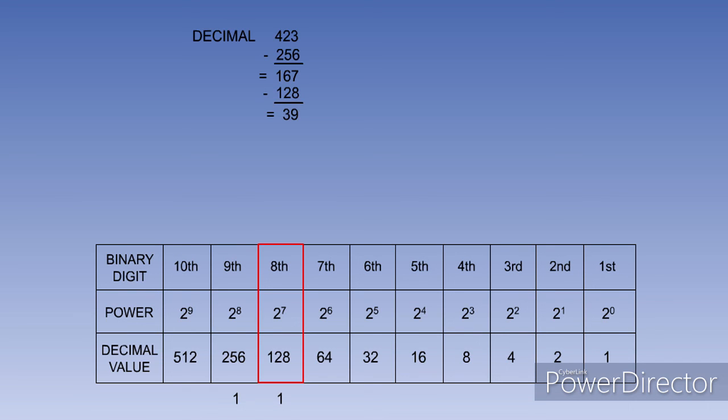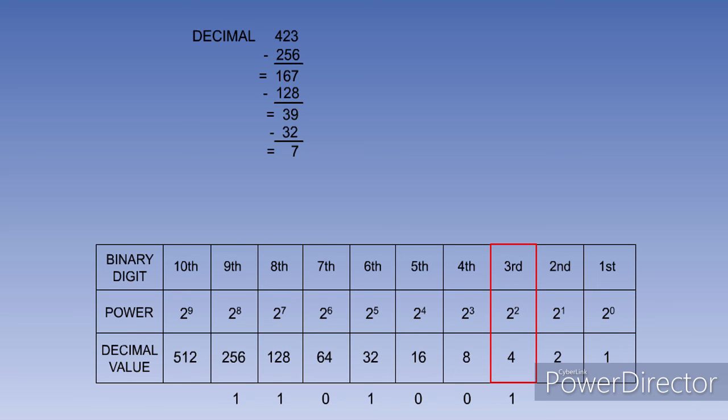Subtracting 128 from 167 leaves 39. This is less than 64, so we place a 0 under this column. It is, however, greater than 32, so a 1 goes under the 6th column. Subtracting 32 from 39 leaves 7. 7 is less than 16 and 8, so zeros go under the 5th and 4th columns.